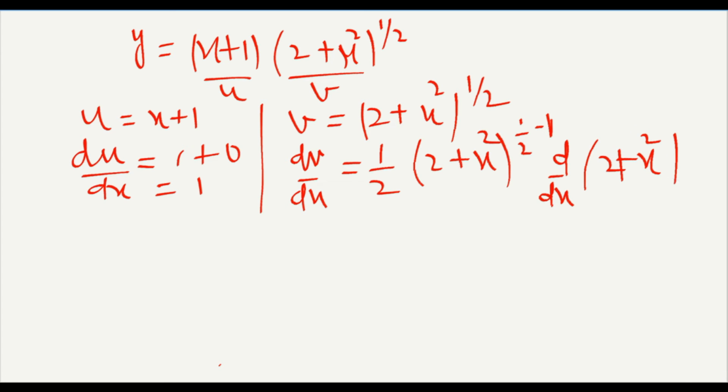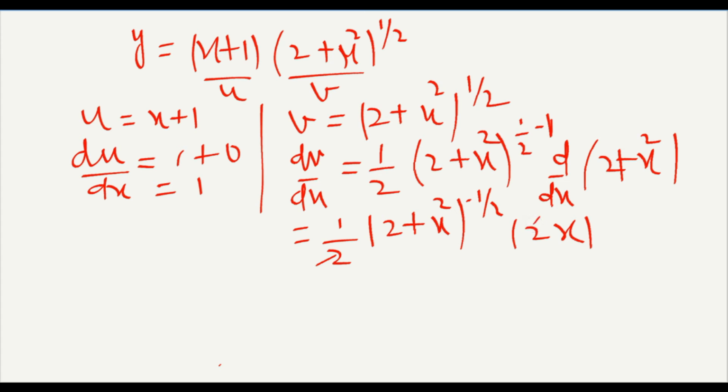You remember chain rule, na? So it becomes half into 2 plus x square raised to power minus half into 2x. The derivative of 2 is 0, so it should be 0 plus 2x, which is 2x. You cut it and you get x upon 2 plus x square raised to power 1 by 2.